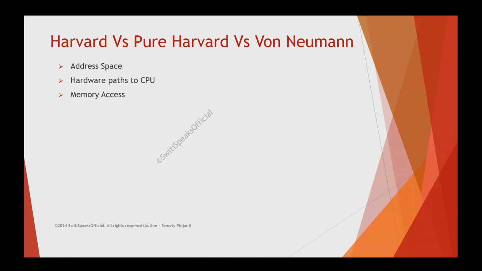In case of Harvard architecture, we had different memory, and even the memory access was different through different buses. But in case of modified Harvard architecture, we had different ways, if you remember. In case of split, we just split the instruction and data cache. It means the memory access to just the cache is different.